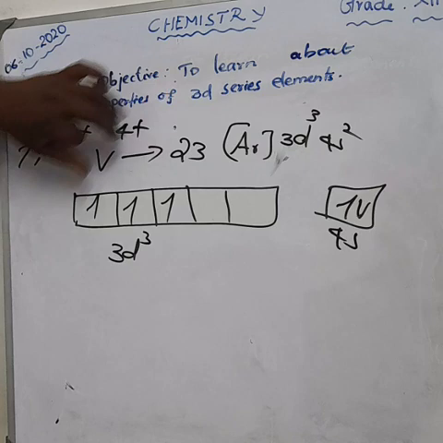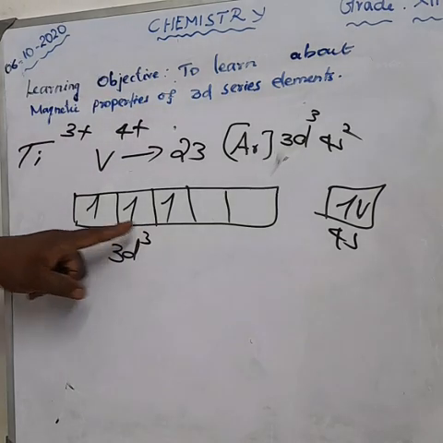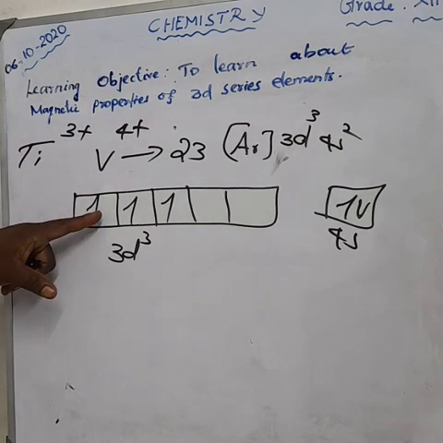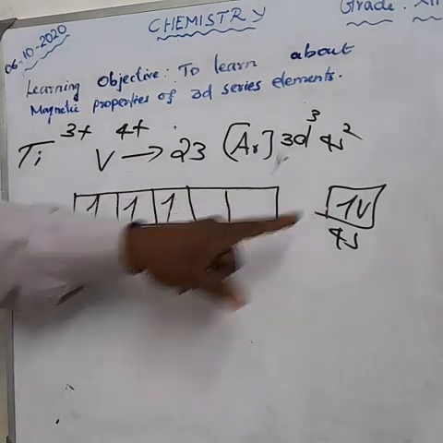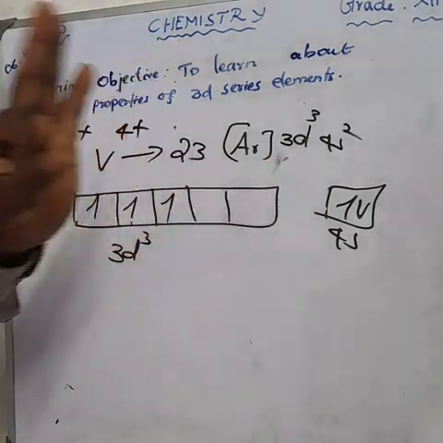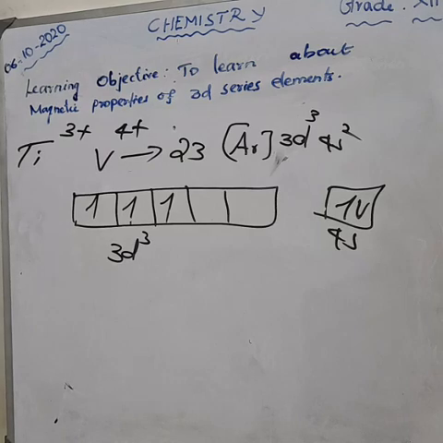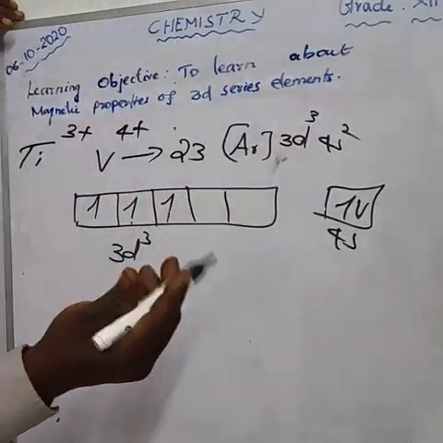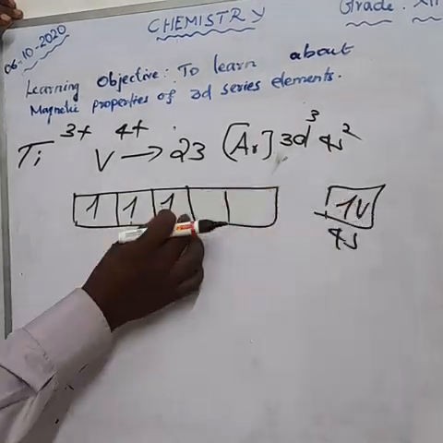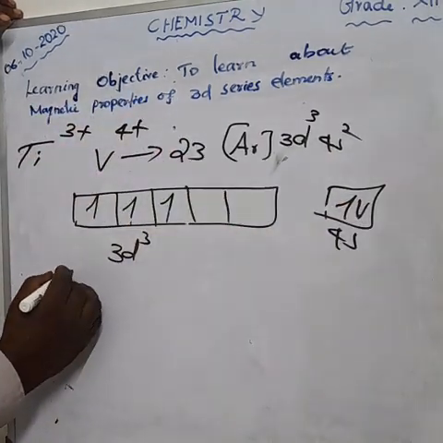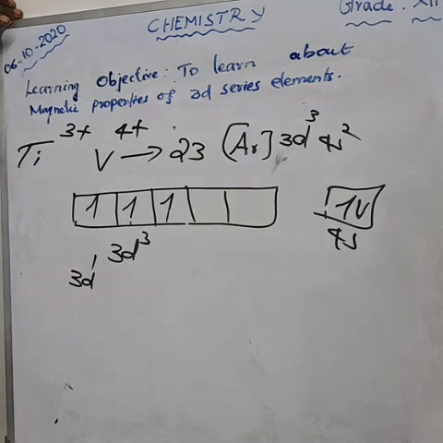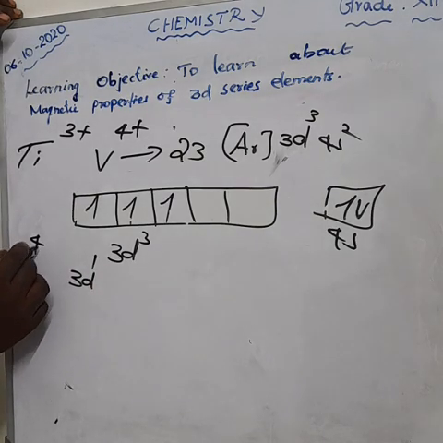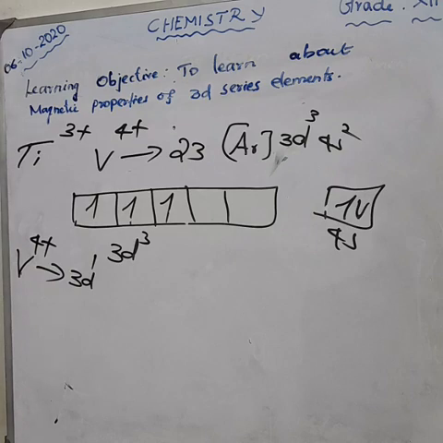Vanadium 4+ means here the number of unpaired electrons is 3, and also including the 4s electrons, total 3 plus 2, we have 5 electrons. Out of these 5 electrons, it loses 4 electrons, 2 and 2. So what's the remaining? That is 3d1 configuration. So vanadium 4+ is 3d1 configuration.